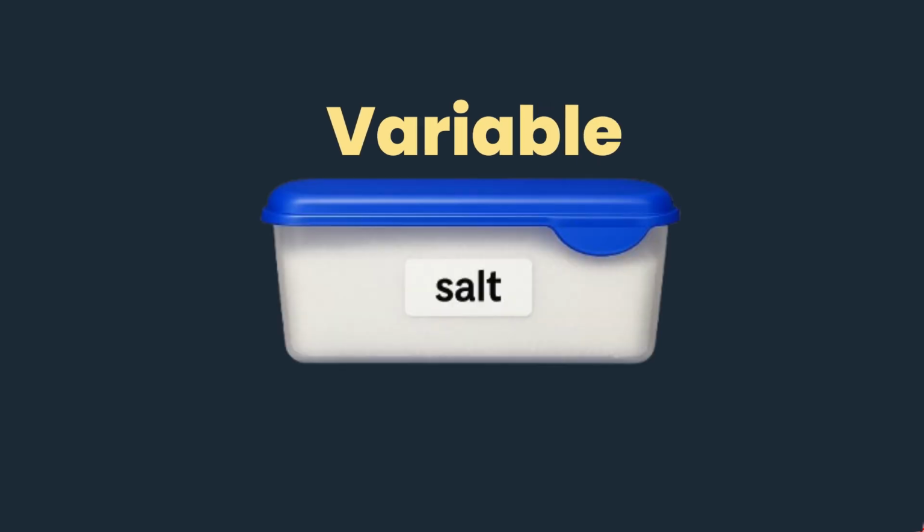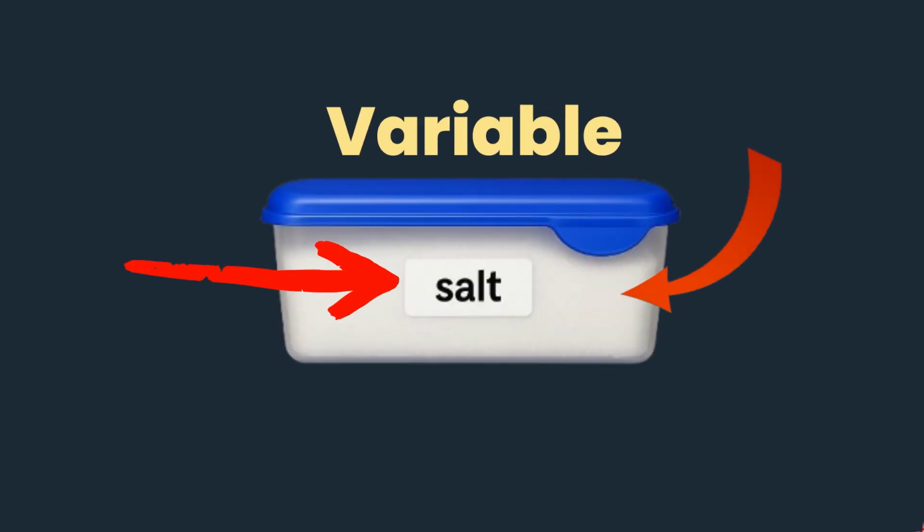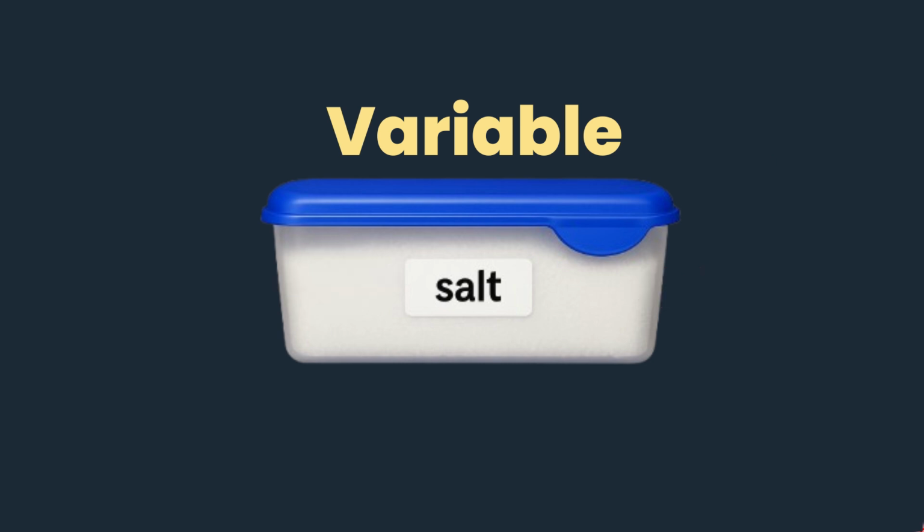In simple words, a variable is like a container with some label on it. You can put something inside the container, and later, when you want to use that thing, you open the container and use the value or the item that is inside the container. Let's take an example.